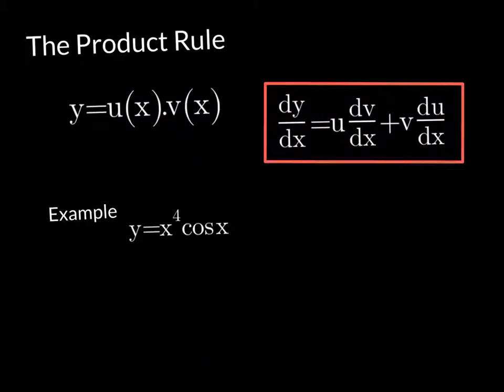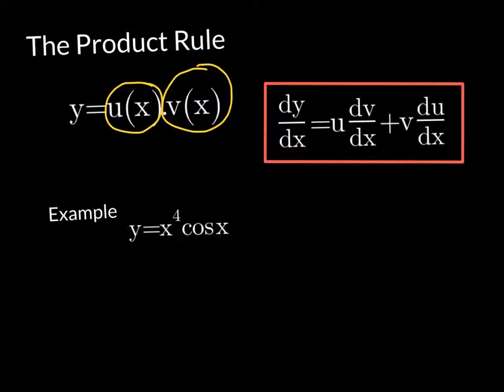So where would we use the product rule? Well, we would use the product rule if we are trying to differentiate an expression that is made up of two separate functions of x that are being multiplied together. So here we have y is equal to some function of x, u, multiplied by another function of x, v.